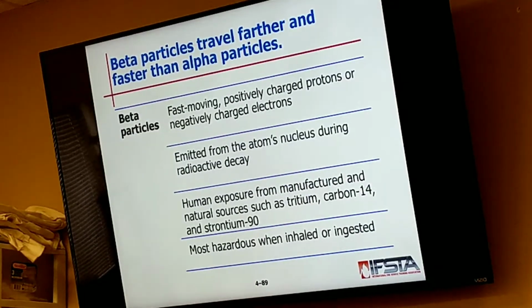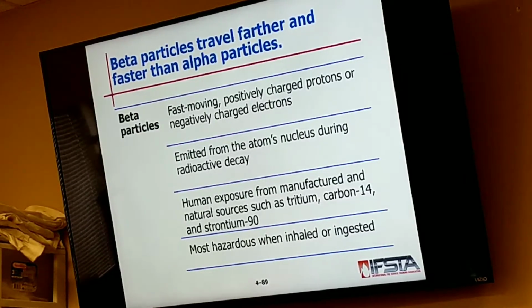Or beta particles, fast-moving, charged particles. Humans are exposed to beta particles from manufactured and natural sources such as carbon-14. Beta particles penetrate farther than alpha particles, but cause less damage over an equally traveled distance.